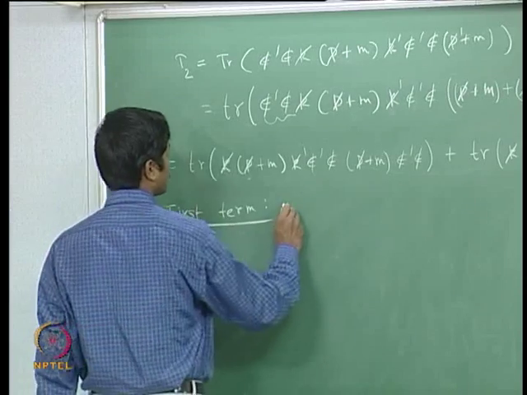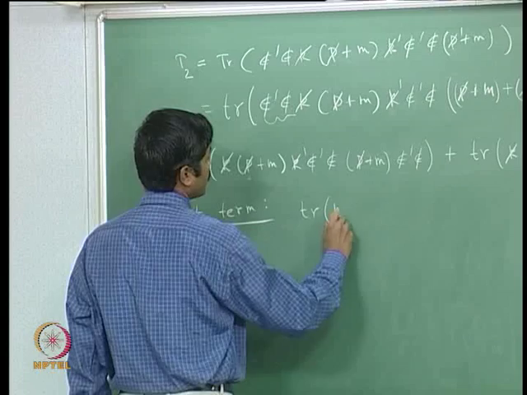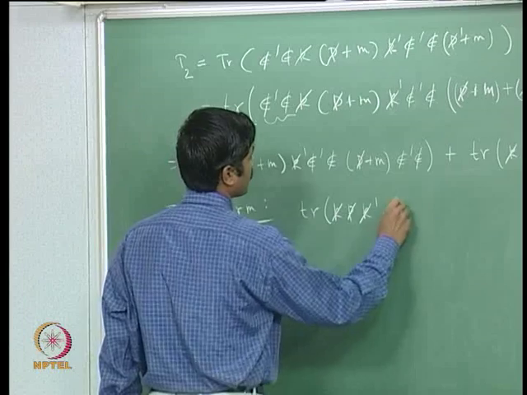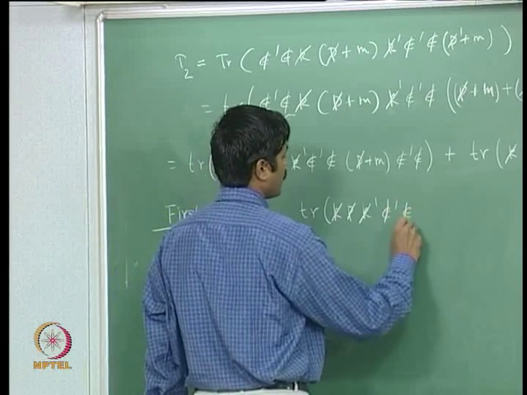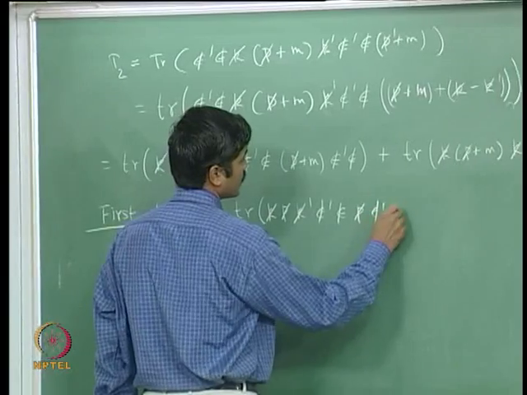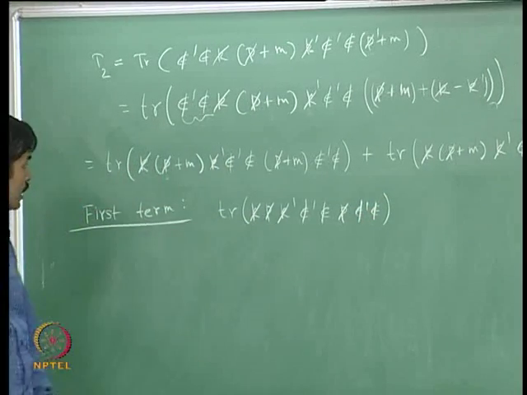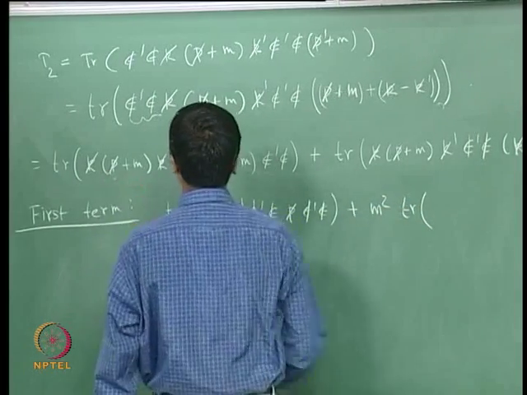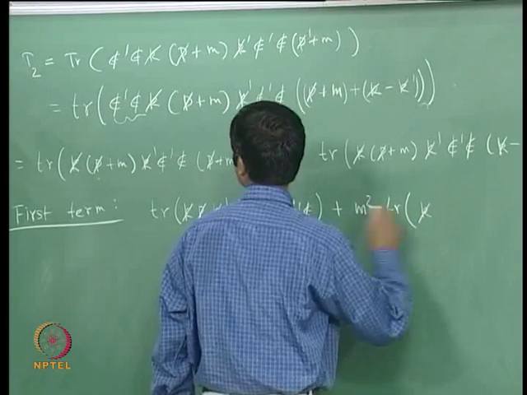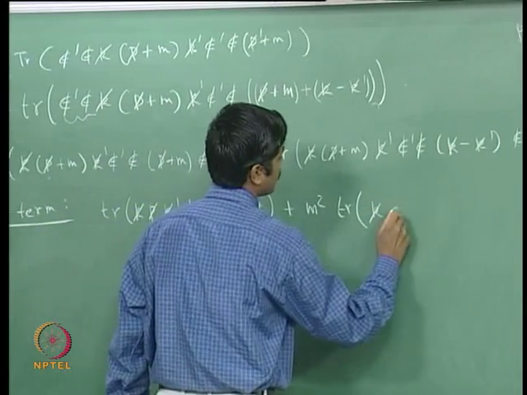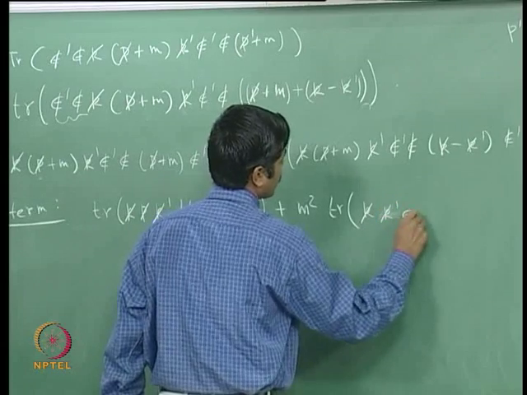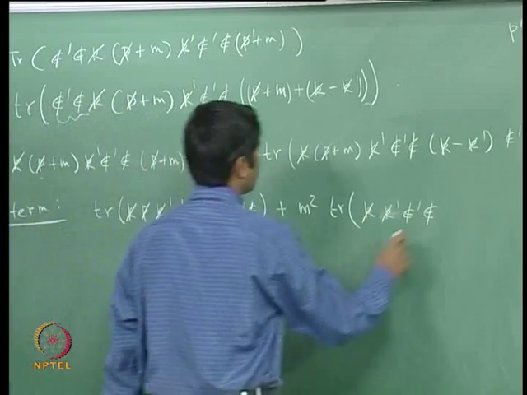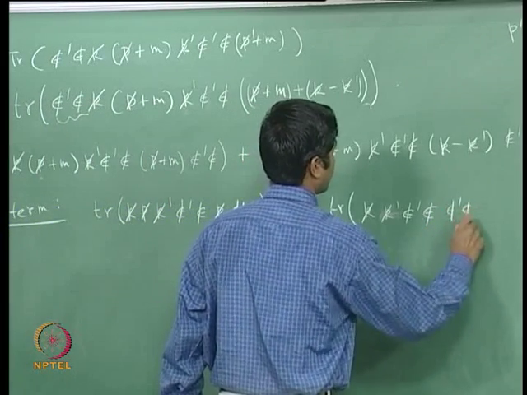So, therefore, the first term is simply trace of K slash P slash K prime slash epsilon prime slash epsilon slash P slash epsilon prime slash epsilon slash. This is the first one, and then the second one contains M square trace K slash K prime slash epsilon prime slash epsilon slash K prime slash epsilon prime slash epsilon slash, and again epsilon prime slash epsilon slash.